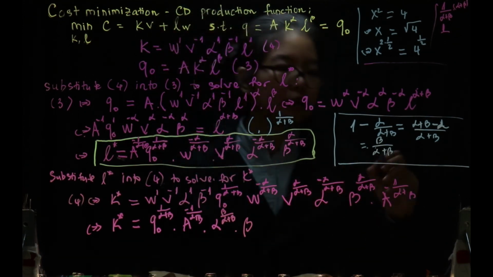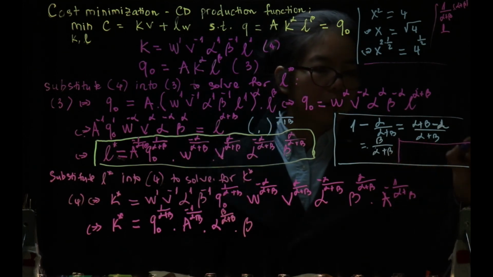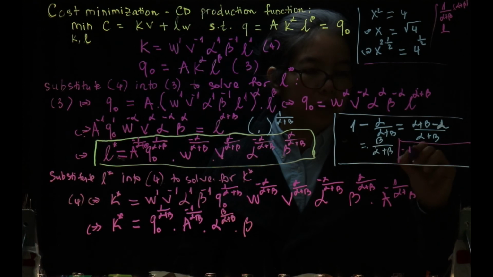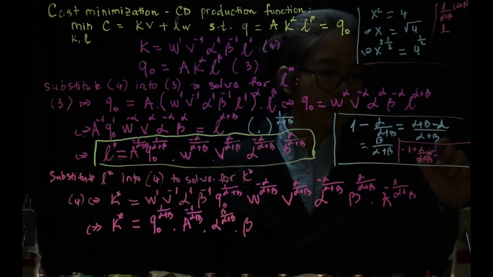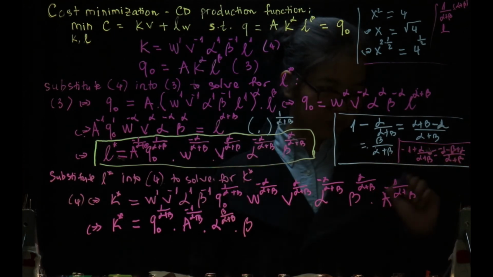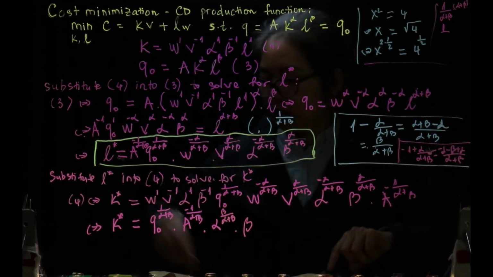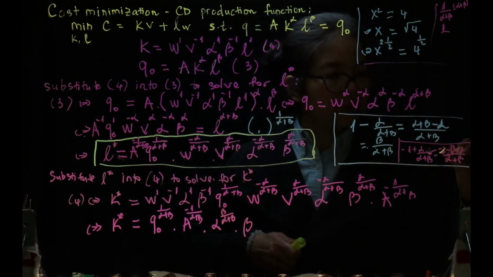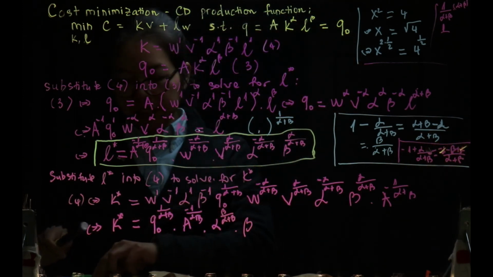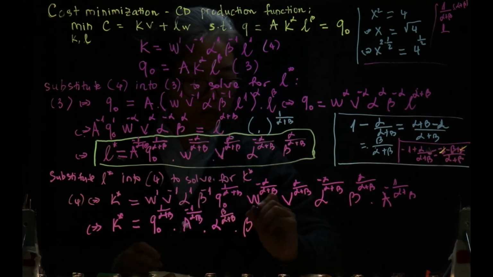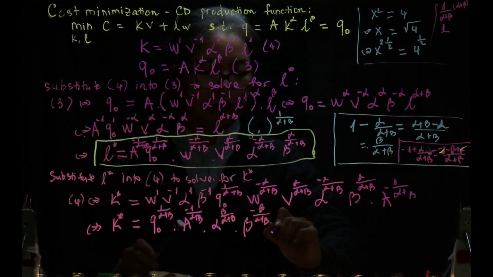So what is that? Again, minus 1 plus alpha over alpha plus beta equals minus alpha minus beta plus alpha over alpha plus beta, right? And minus alpha plus alpha is gone at the end, and you have minus beta left on the numerator. So minus beta over alpha plus beta, right?